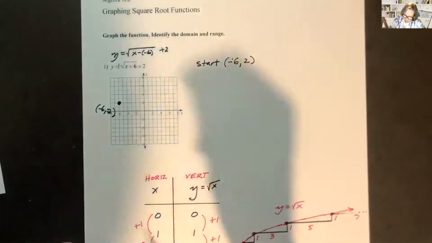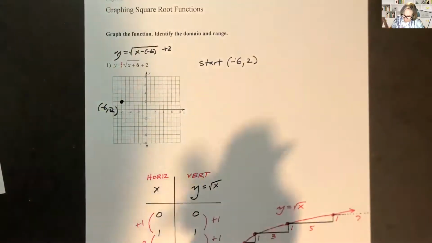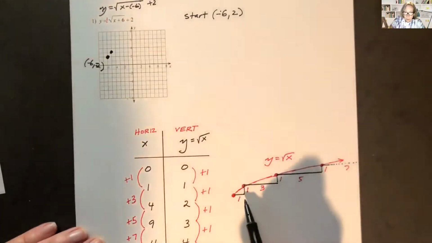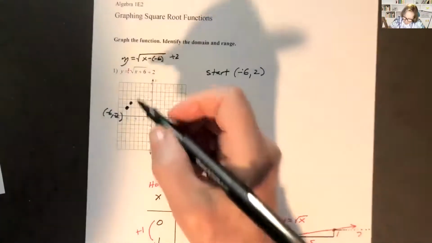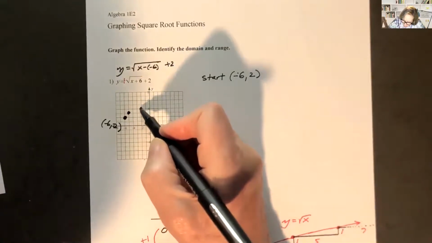And then it's going to take on this pattern. From that point, if I'm on the graph itself, I can go up 1 and right by 1 for another point. Then I'm going to slide 3 to the right and go up by 1. So 1, 2, 3 to the right and up by 1.